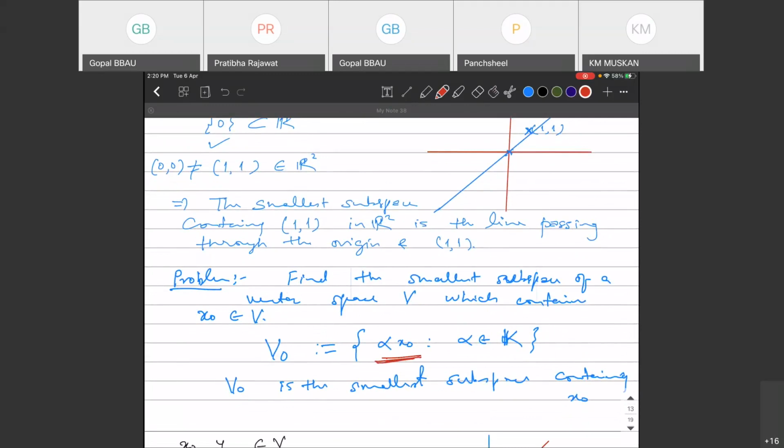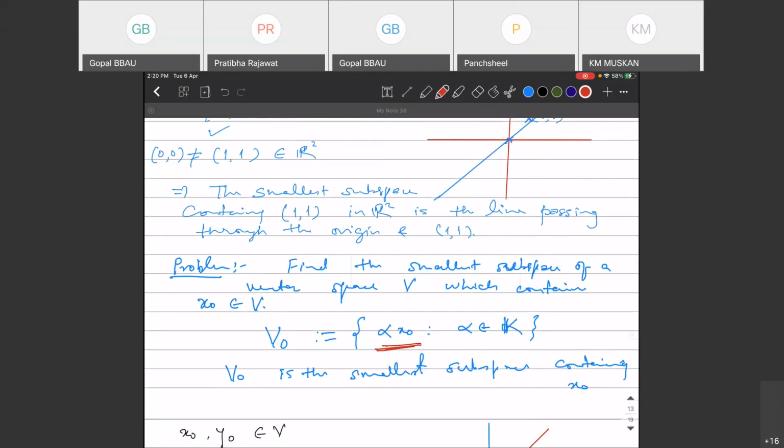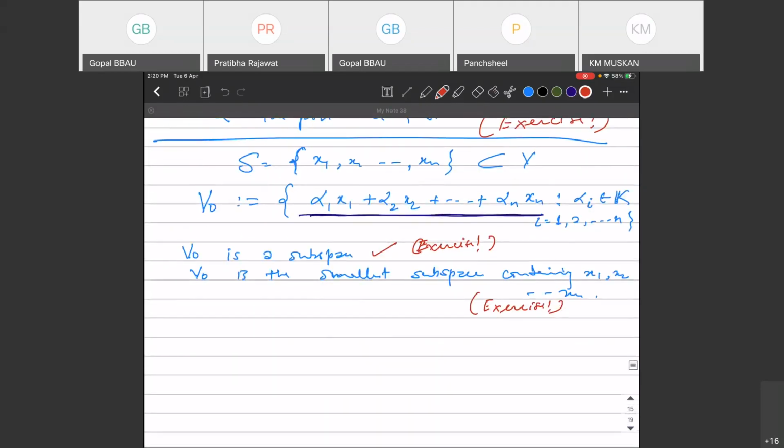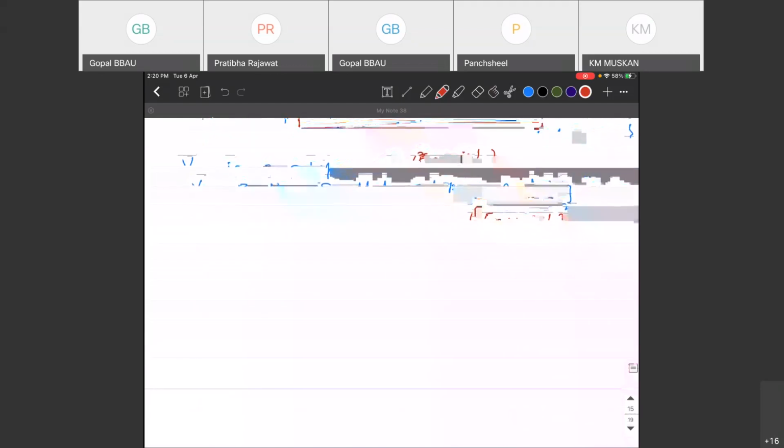There was no other point, so it is simply scalar multiples of x naught. So you see what we are doing, we have a finite number of vectors, and we are adding scalar multiples of these vectors. So we give a name to this sum and we give a definition now.